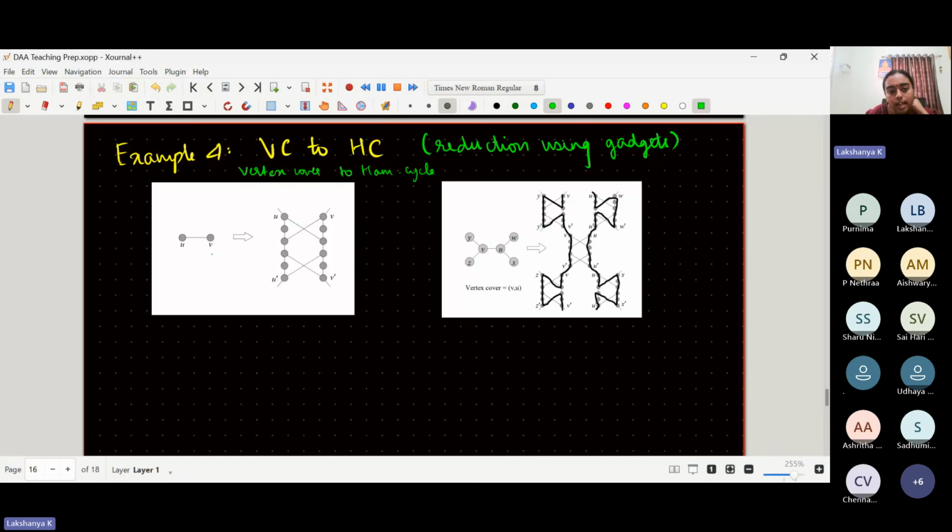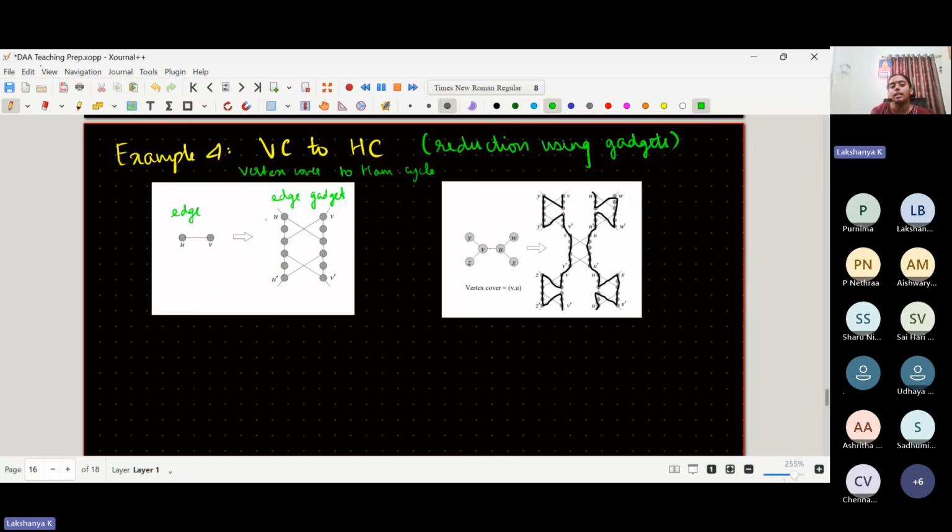For every edge U to V in our original graph, we are designing something called an edge gadget, which looks like this. The edge gadget again is a collection of vertices. These are your vertices, and these are connections between them. Don't ask me why it is defined in this shape. I have no idea. Only the person who invented it knows.